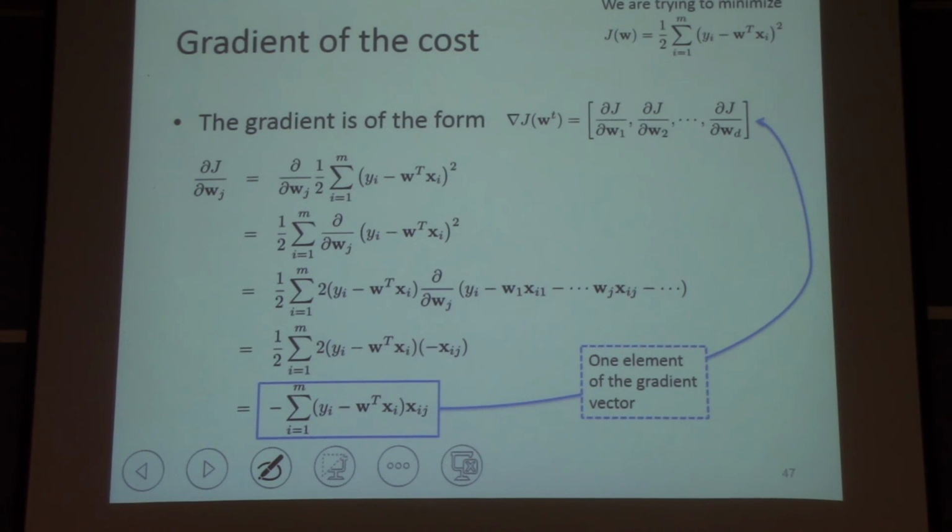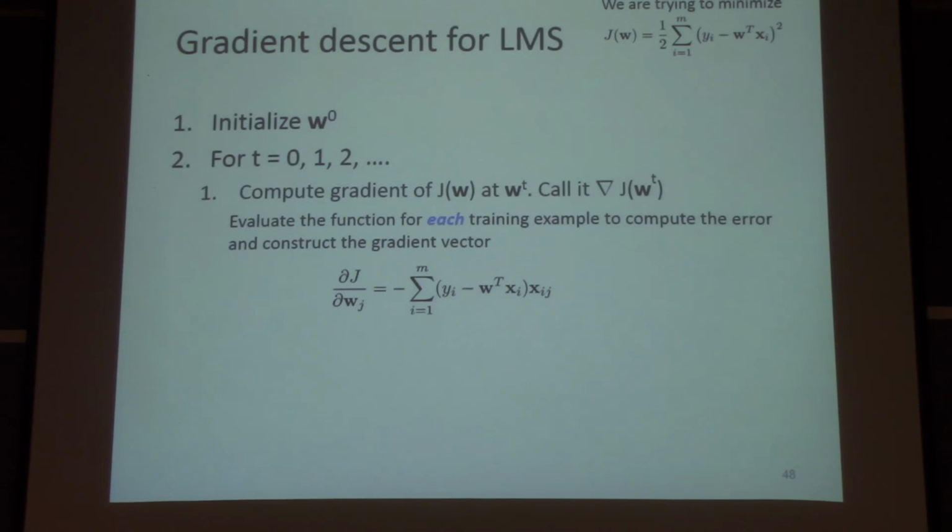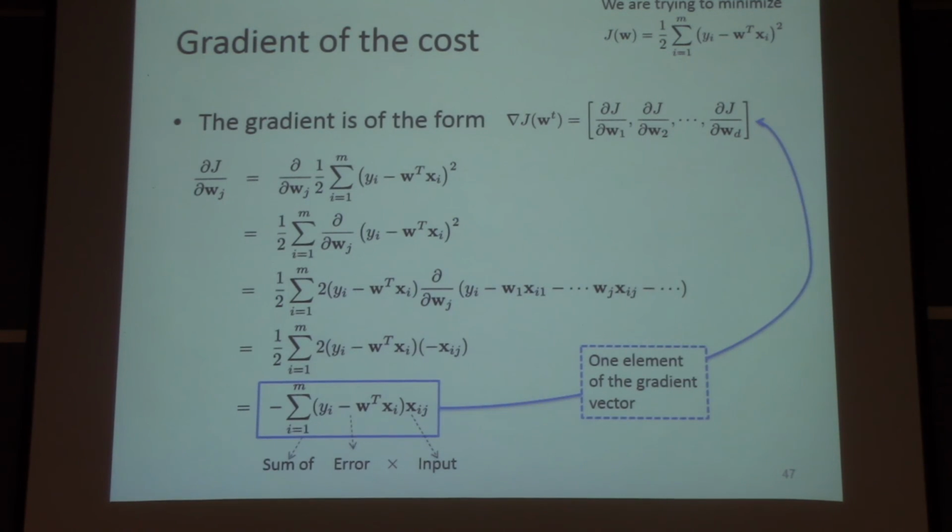The last thing I want to say today, and I'm going to pick up from here again: if you're confused, what you should do is work out this math yourself. The derivative has the following property. It's the sum over all examples of the magnitude of the error times the input.